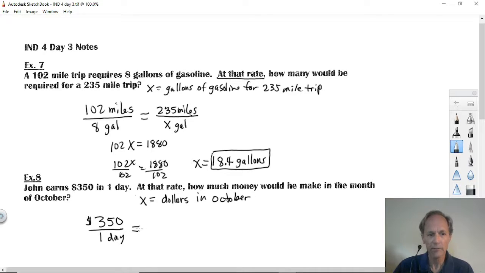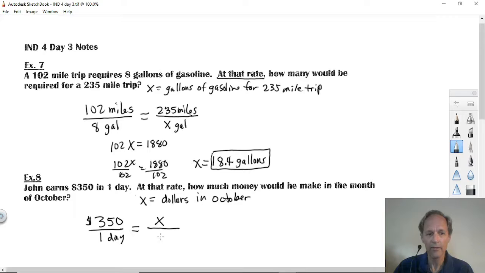So that's the ratio of dollars to days. And for the month of October, we set our other ratio. We have dollars on top on the left, so we got to put dollars on top on the right, and that's X, right? That's how many dollars he makes in October.